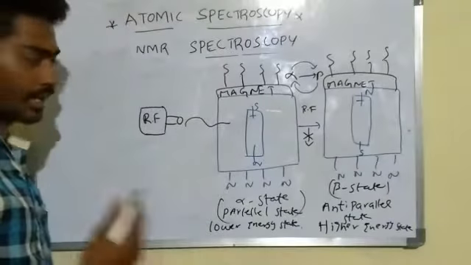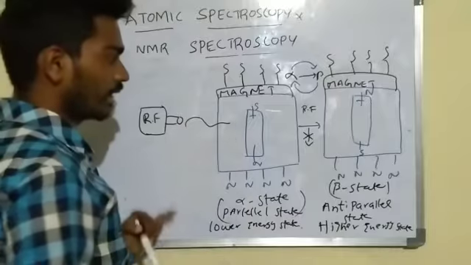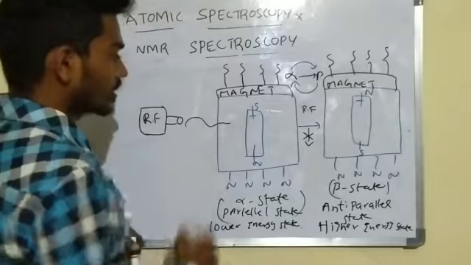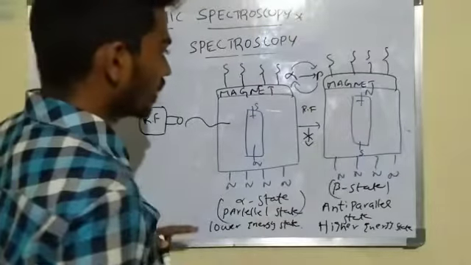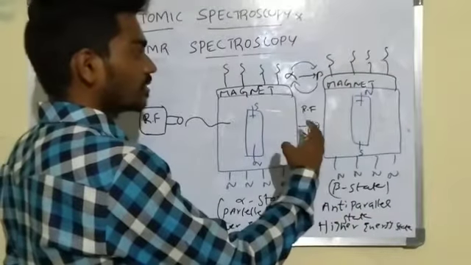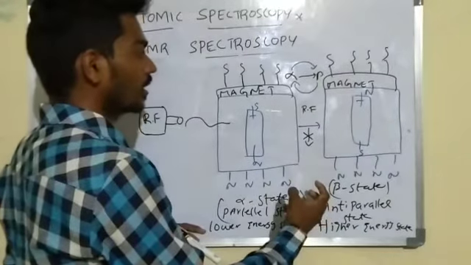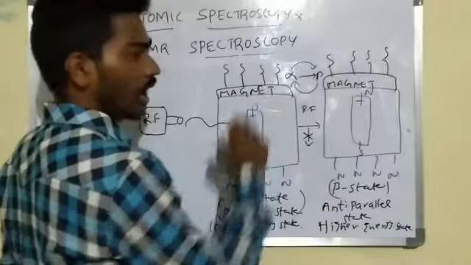Once again, I can explain. Whenever the radio frequency is incident on this nucleus, which acts as a magnet, it absorbs the radio frequency and shifts from the alpha state to the beta state. And after some time, whenever we block this radio frequency energy, the beta state comes back to the alpha state.